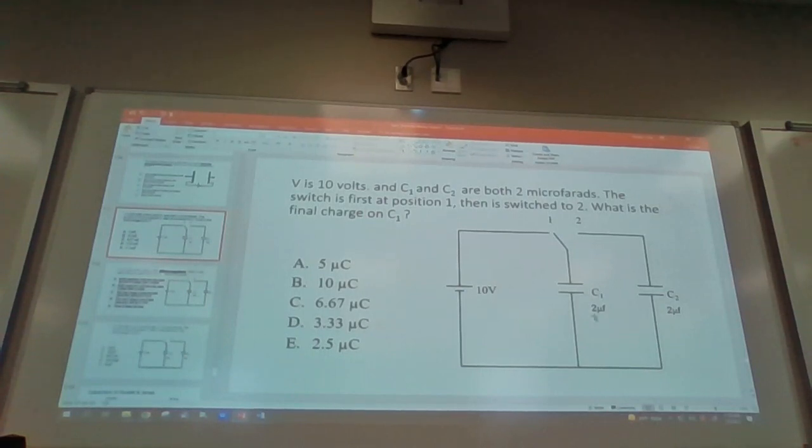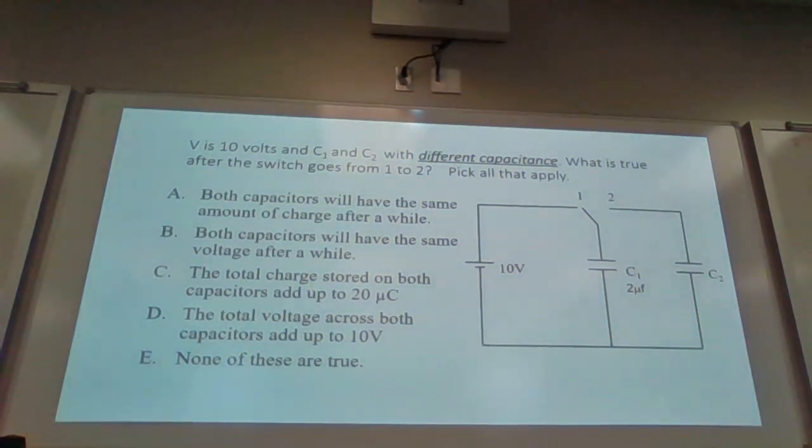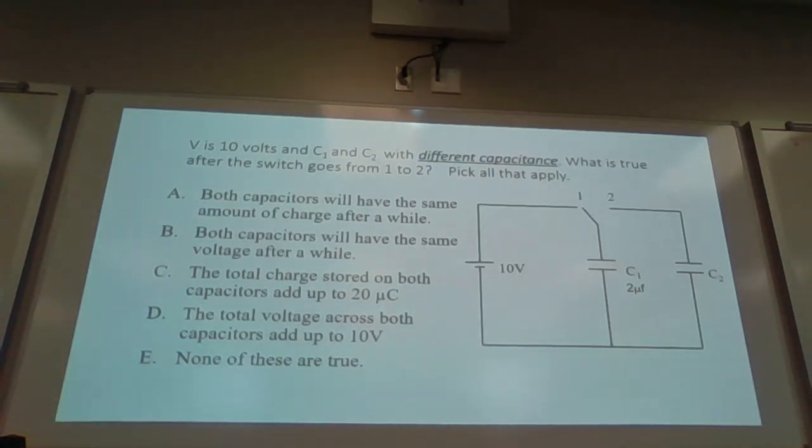If these have the same capacitance, well, here's really the takeaway. Here's the facts that you really need to own. What conditions are true?